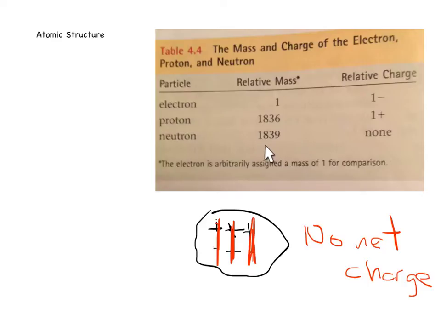And a neutron is about the same mass as a proton. But they are both much bigger than an electron. These two are huge compared to the teeny little electron. So this guy is very small. And that's in terms of mass.